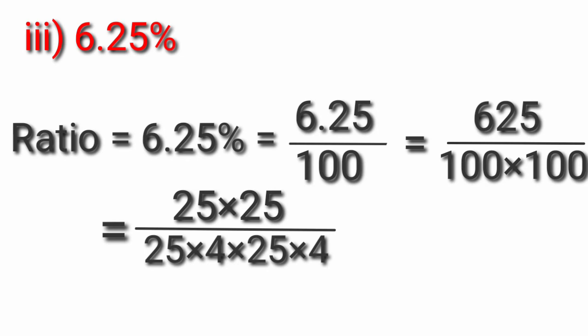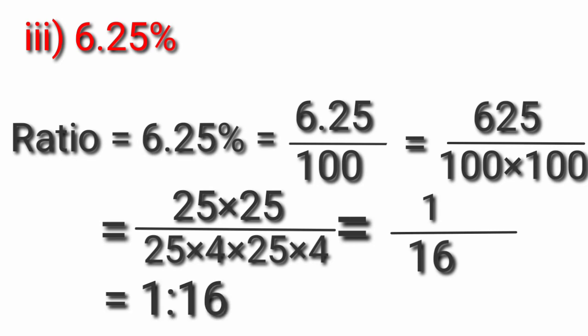So we can write 25 multiplied by 25 upon 100, and 100 means 25 into 4. So upon 25 multiplied by 4 multiplied by 25 multiplied by 4. So 25 ones are 25, 25 ones are 25. It is equal to 1 upon 4 multiplied by 4. So it's equal to 1 upon 16. So its ratio is 1 is to 16.